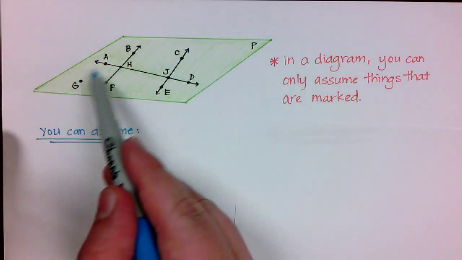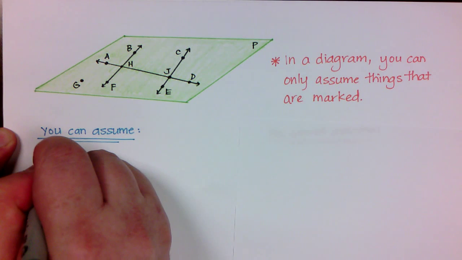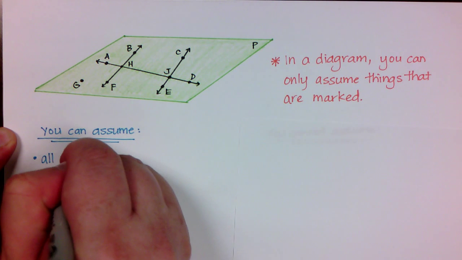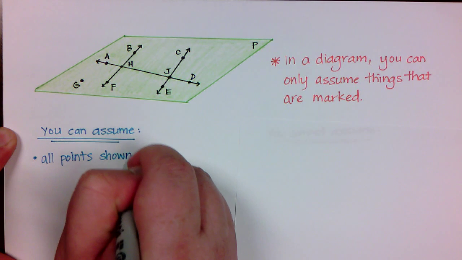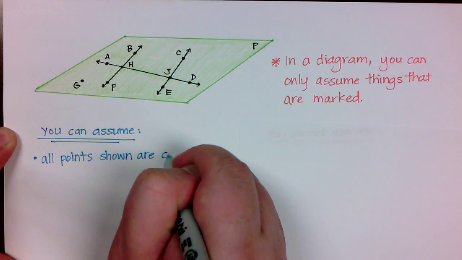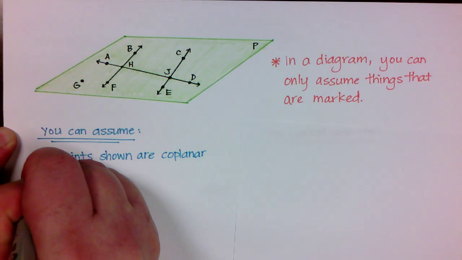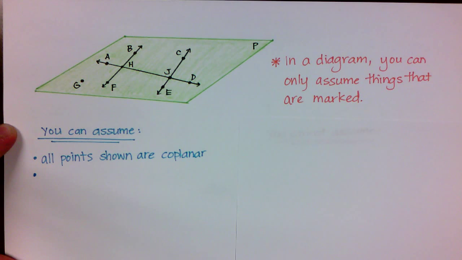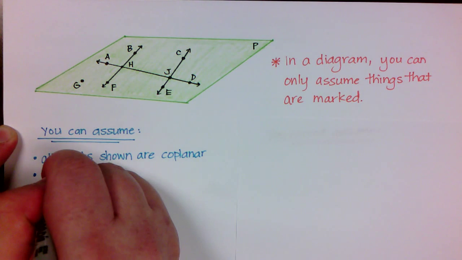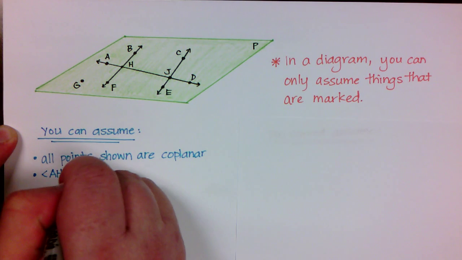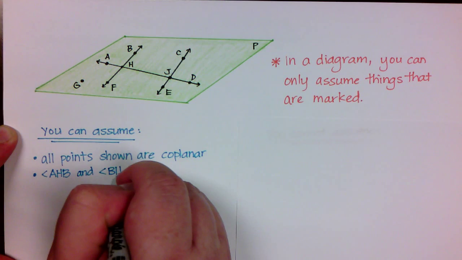Already, because I have all these points on this green plane, I can assume that all points shown are coplanar. That's kind of an easy thing to assume just by looking at the diagram. Something else is angle AHB and angle BHD.